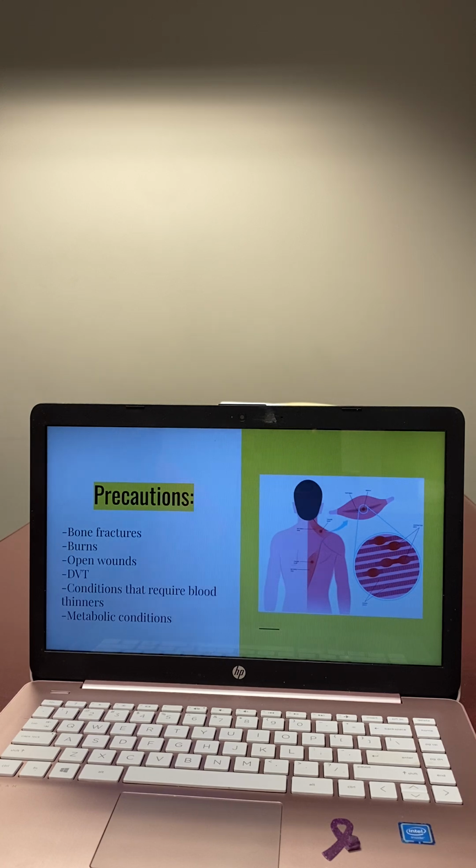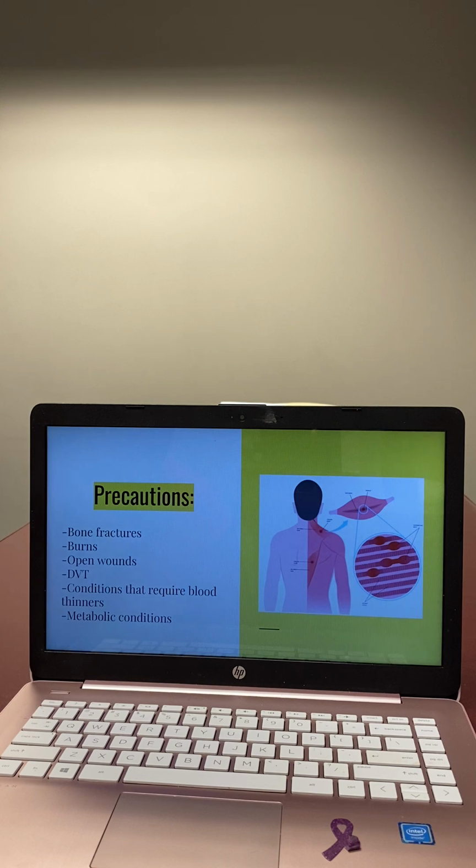You're obviously not going to want to do direct, hands-on activity on a patient who has burns or open wounds. If you really think about it, you're not going to want to possibly infect the wound, or with burns, damage the skin.